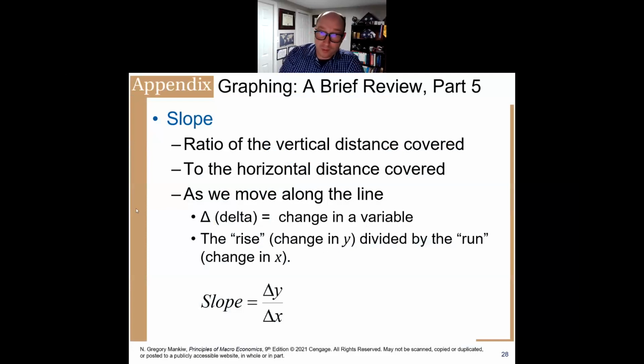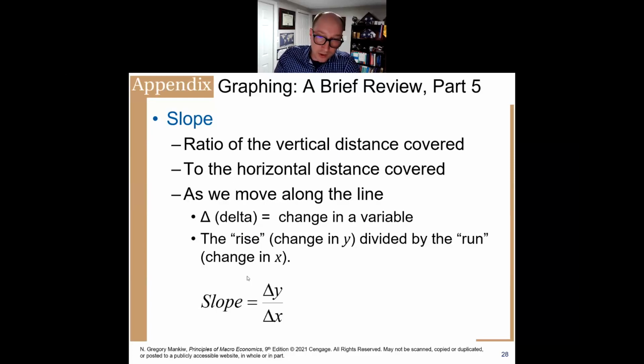The way we calculate the slope of the demand curve is we take the change in y divided by the change in x. The change in y is the rise, divided by the change in x, which is the run. That's how we find the slope.